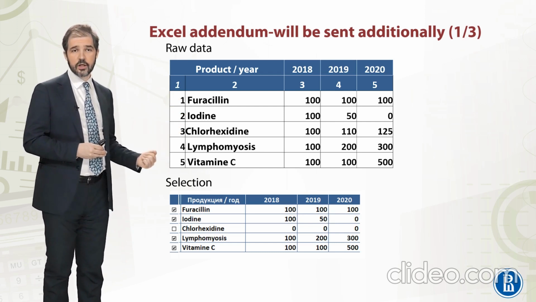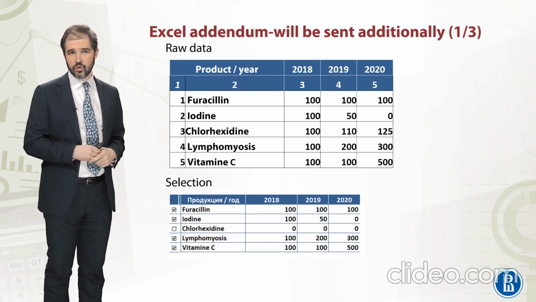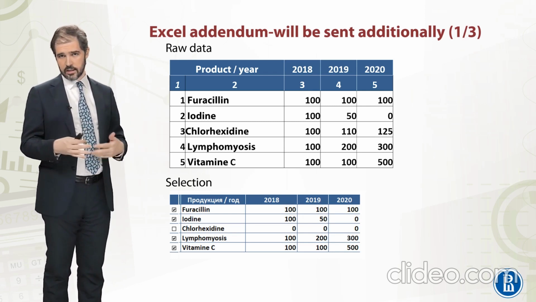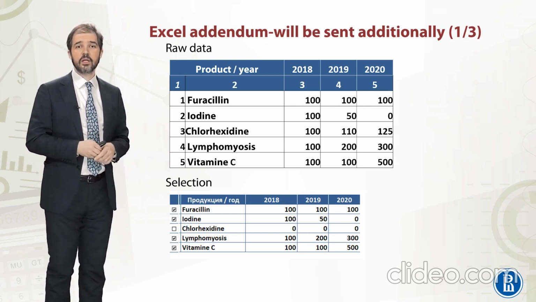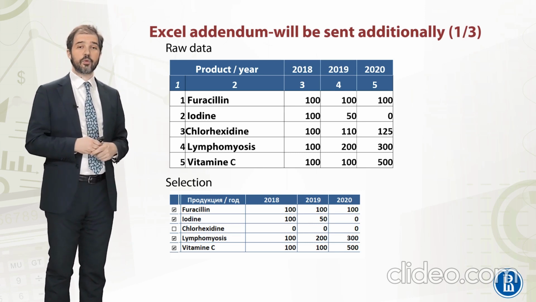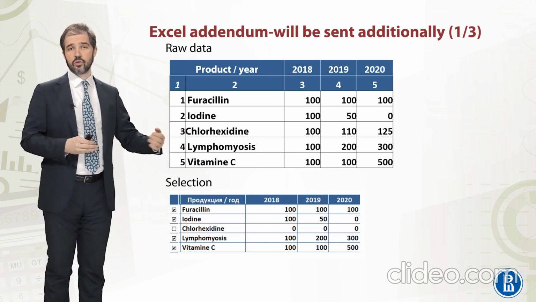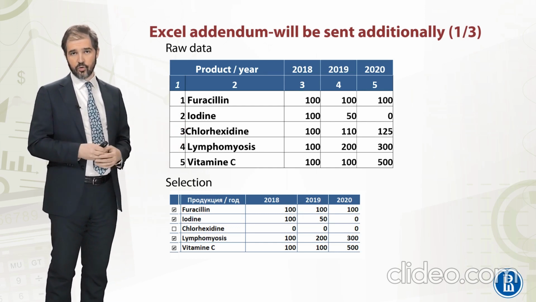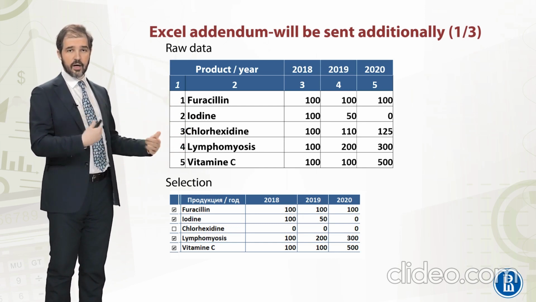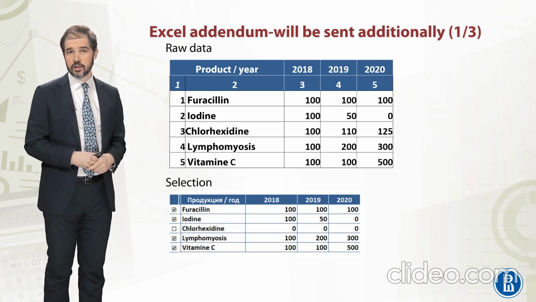When you remove the tick mark, for example, you do not believe that you will produce chlorhexidine in your project, or you understand there is significant doubt in this production and sale of this product, you just remove this tick mark and your volumes will become 0 in this table and finally in all your financial model calculations.